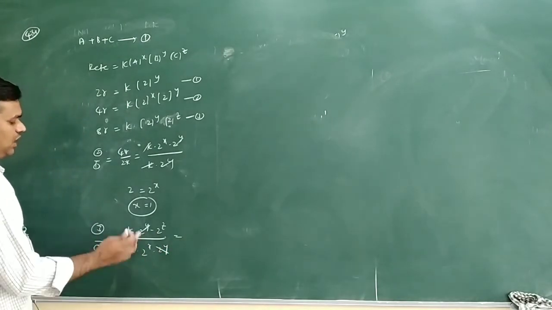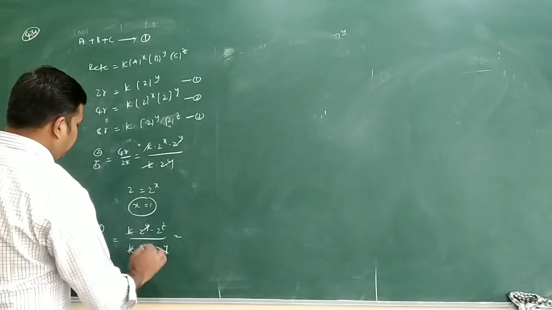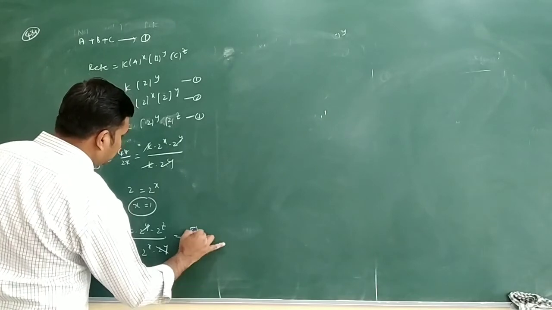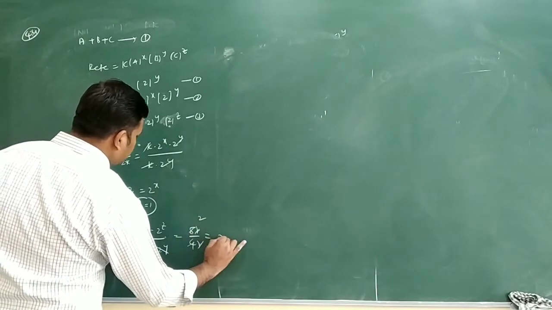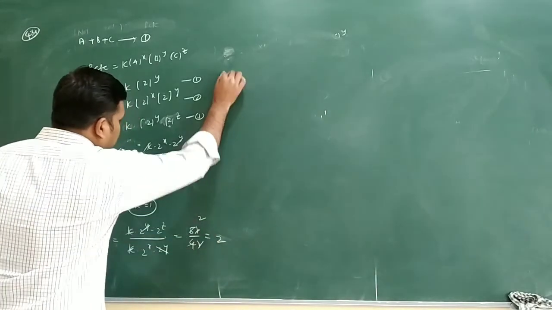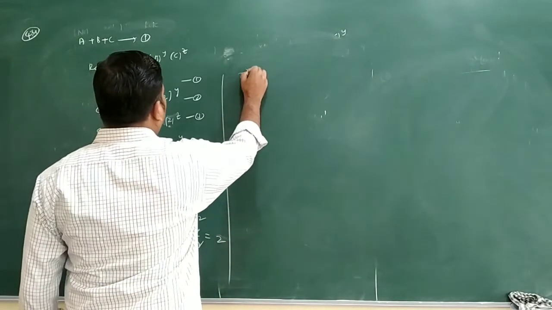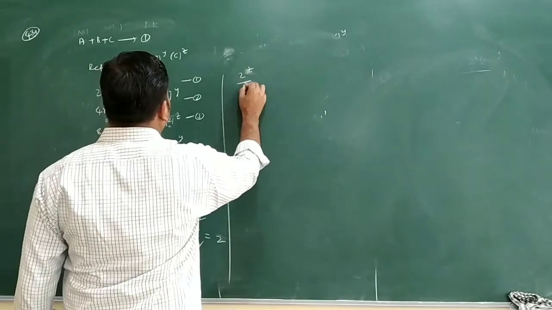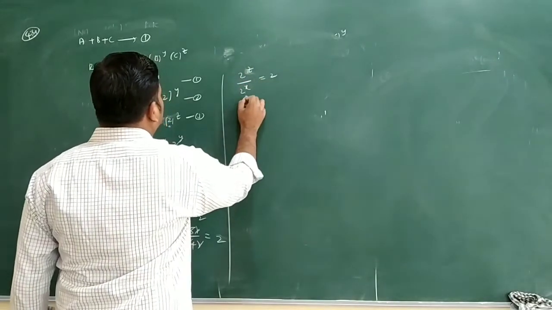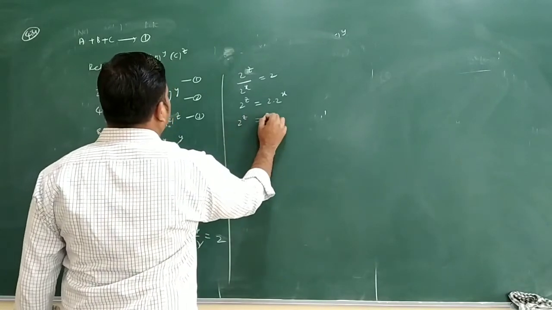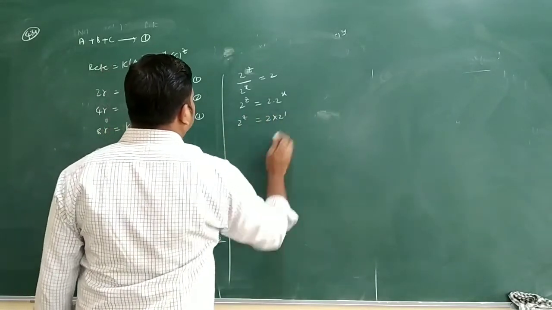You can write the r value also, 8r by 4r, r cancels and you get 2 here. Clear? Now 2 power z by 2 power x is equal to 2 square. So 2 power z is equal to 2 into 2 power x, that is 2 into 2 power 1. Clear?